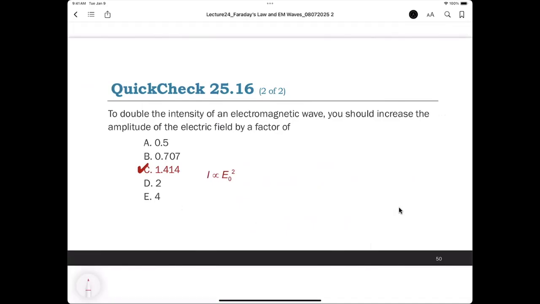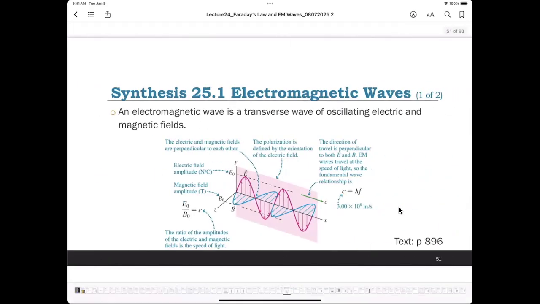Okay, let's check the other one. Here is a summary for electromagnetic waves. An electromagnetic wave is a transverse wave of oscillating electric and magnetic fields.